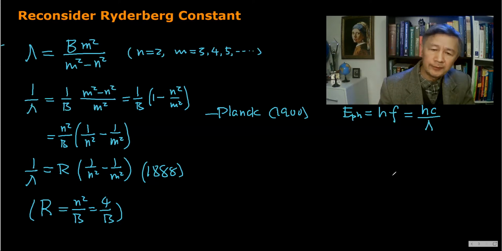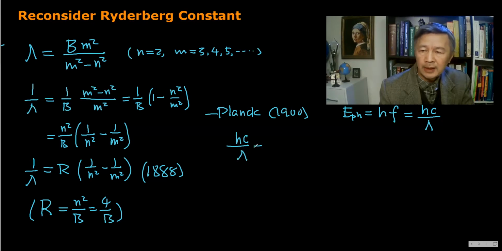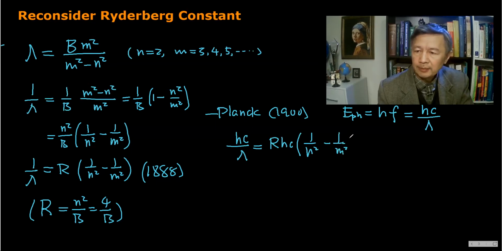If he could follow this trend by rewriting his formula into this form, say, if we multiply by hc divided by lambda, then he can easily obtain a new formula, which is R times 1 over n squared minus 1 over m squared, where both n and m are integers.